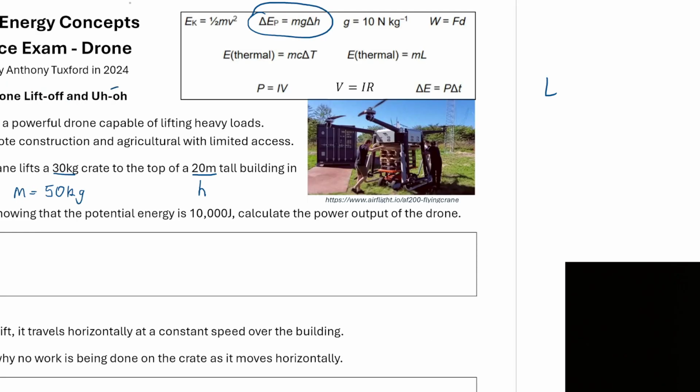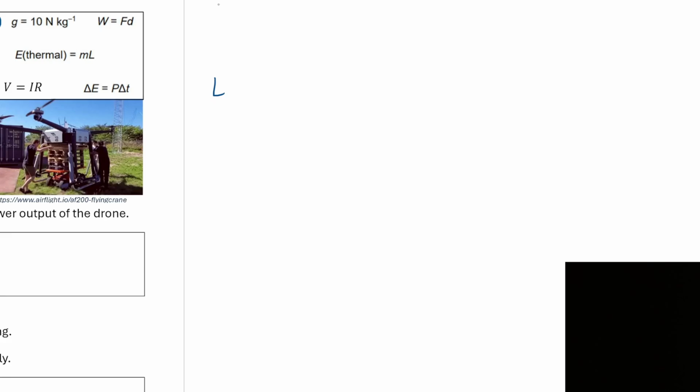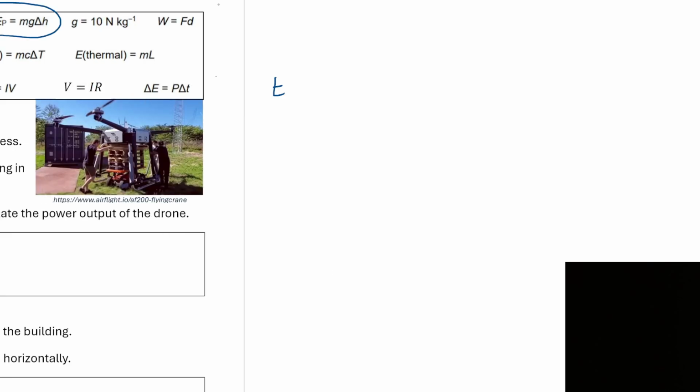EP equals mgh. So what does EP stand for? Well, that's gravitational potential energy. The mass is m. g is gravity, which on Earth we take as 10 newtons per kilogram.